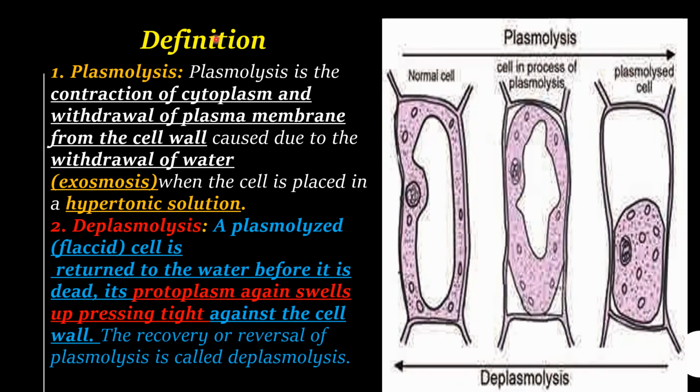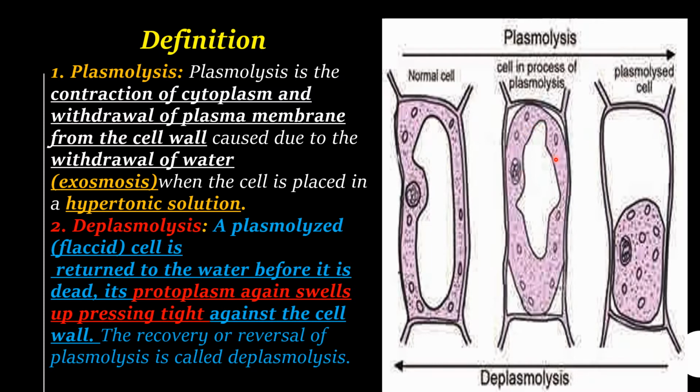We can go through some definitions. First one, plasmolysis. Plasmolysis is the contraction of cytoplasm and withdrawal of plasma membrane from the cell wall, caused due to the withdrawal of water when the cell is placed in hypertonic solution. Here you can see this is a normal turgid cell placed in hypertonic solution.